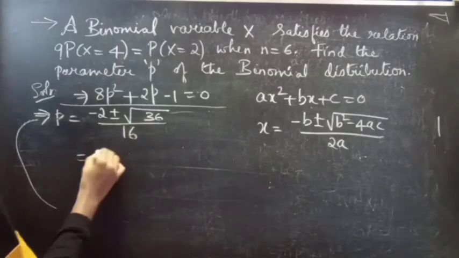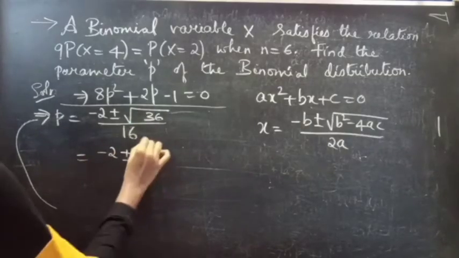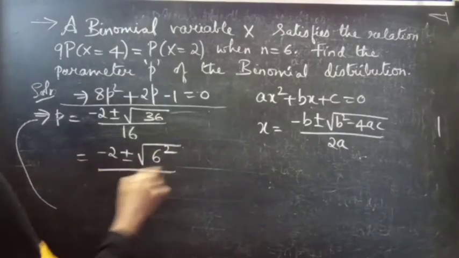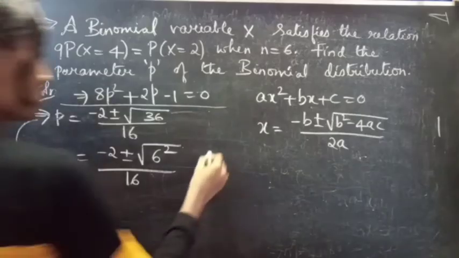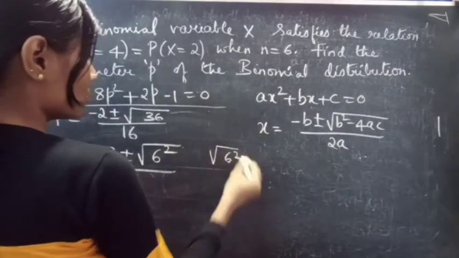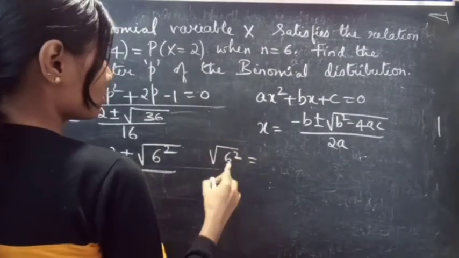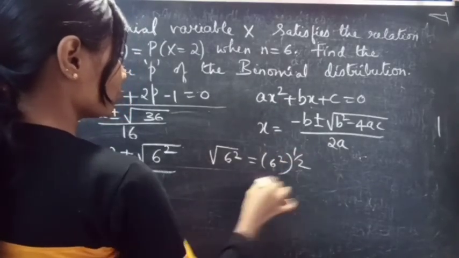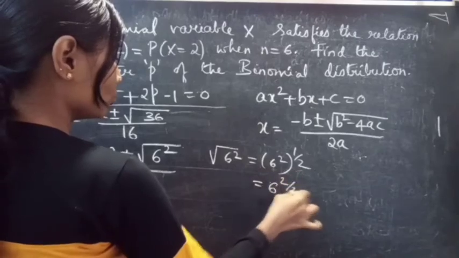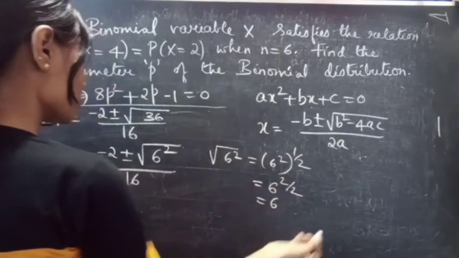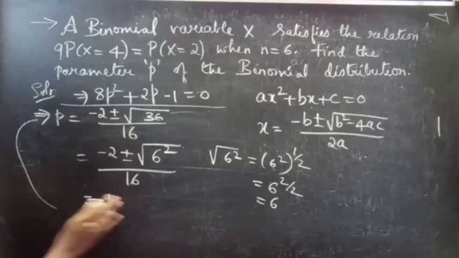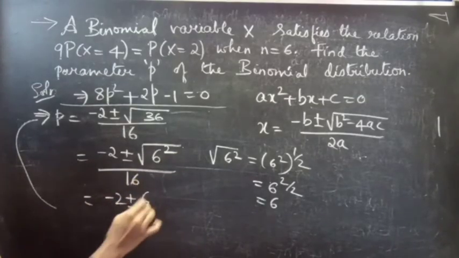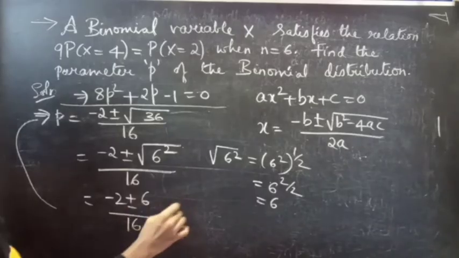You could write it as minus 2 plus or minus square root of 6 square by 16, since square root of 6 square is 6 square power 1 by 2, which is 6 power 2 by 2, which equals 6. So square root of 6 square is 6, by 16.